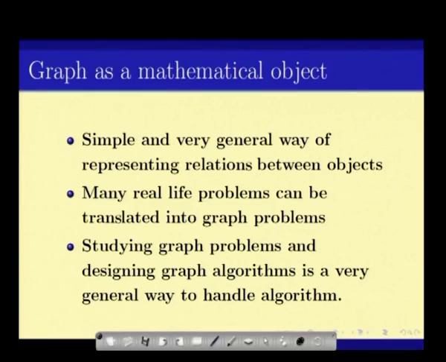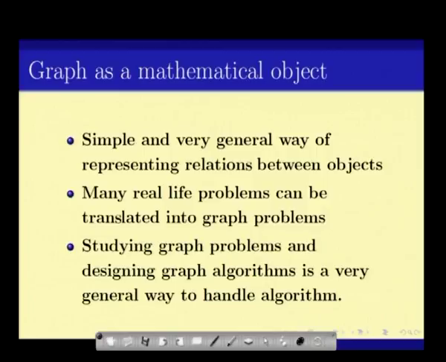We have also looked at graphs as a mathematical object. Now, what are graphs? They are very simple and very general mathematical objects that help us represent relationships between objects. If you remember, we had vertices and edges.